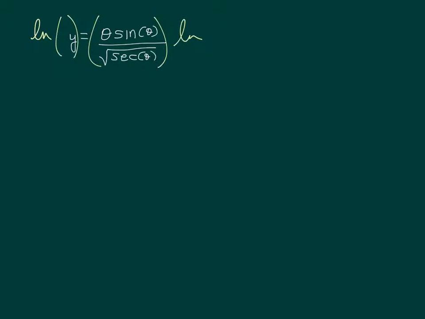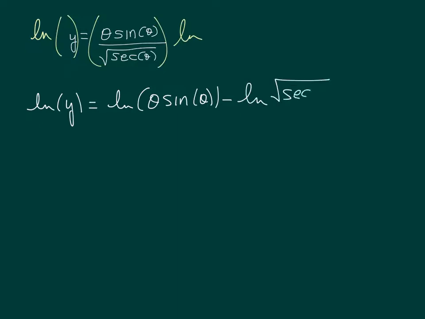So if I do that, I'm going to have ln of y on this side. The first thing I see, and I'll do this in lots of steps, though some of you probably could have done this in one step, is that I'm going to separate first my quotient into subtraction. So that's my first step.